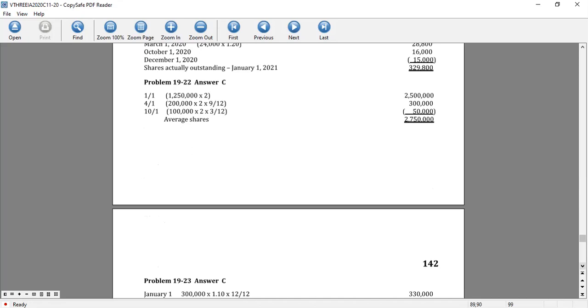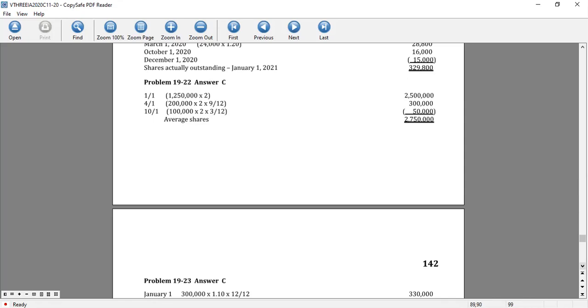So on January 1, we have the shares outstanding, and we have now to multiply it by 2 or 100% to be added because of the 100% share dividend on December 1. So 2.5 million. On April 1, shares issued 200,000. Again, we multiply it by 2 because of the share dividend, and 9/12 from April up to December 31.